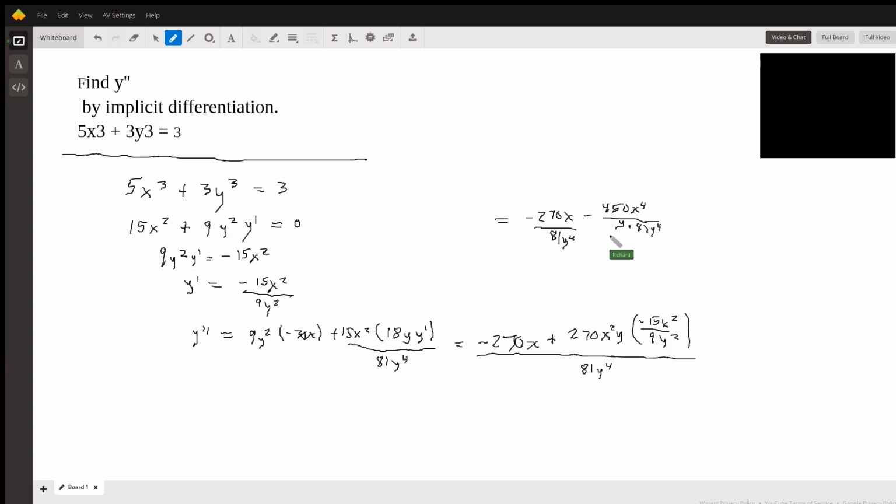And all of this is algebra. I mean, the calculus is over. And then you just clean this up a little bit more. 270 over 81.